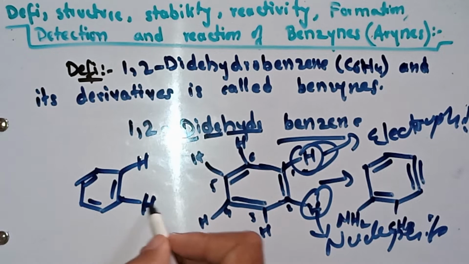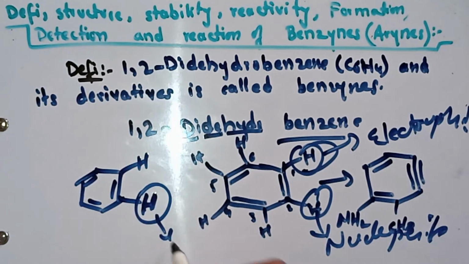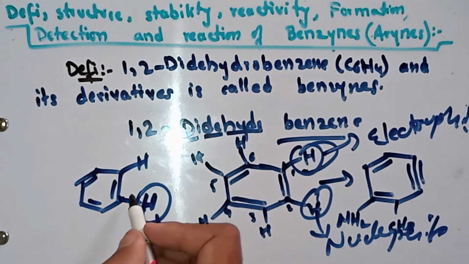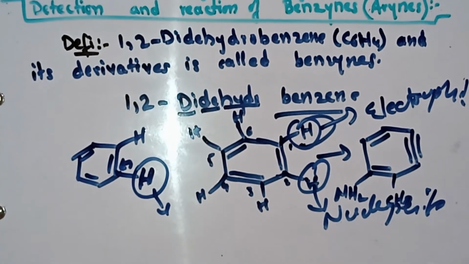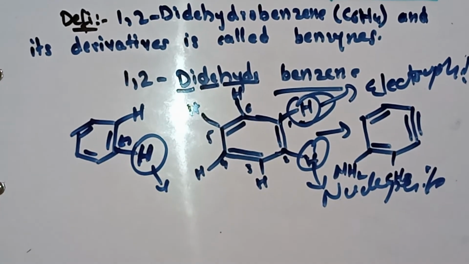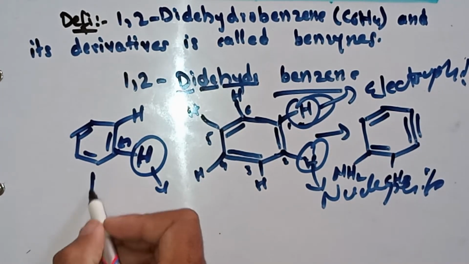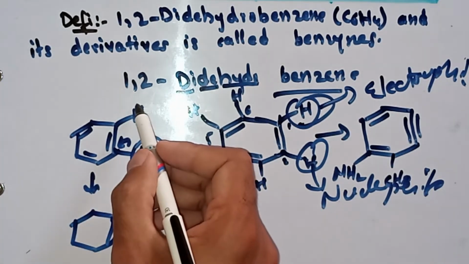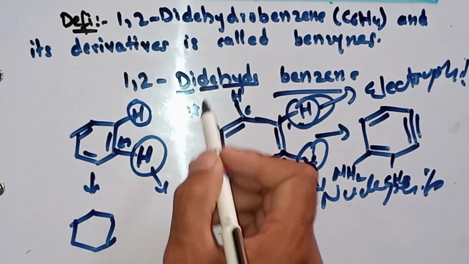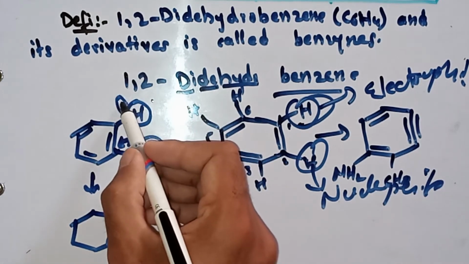If this hydrogen is removed as an electrophile, then the double bond will shift here, so it will be like that. Okay, it will be like that. And also, if we remove this hydrogen as a hydride, as a nucleophile, then the double bond will shift here.